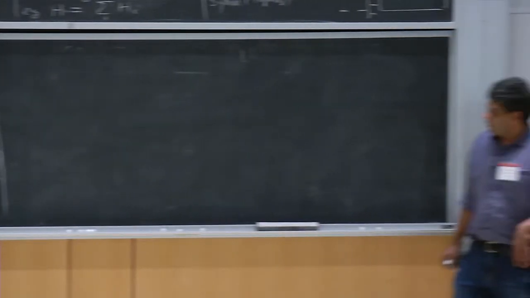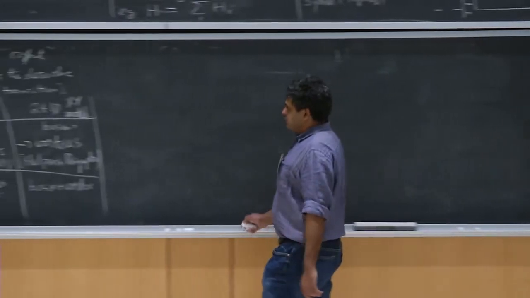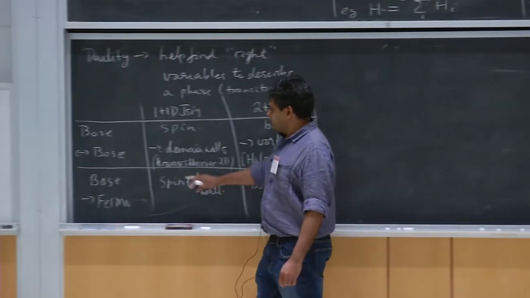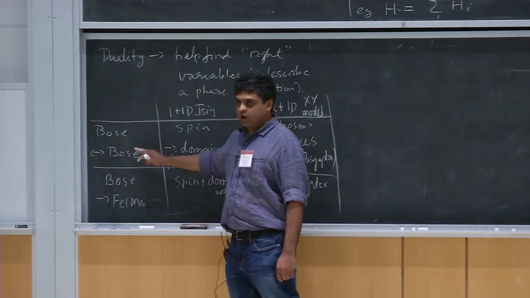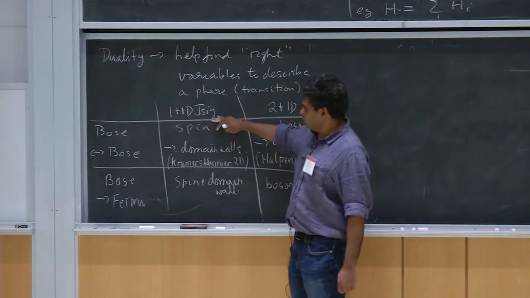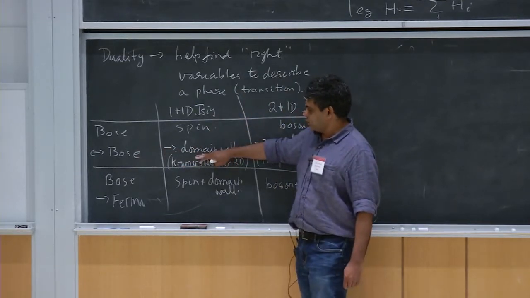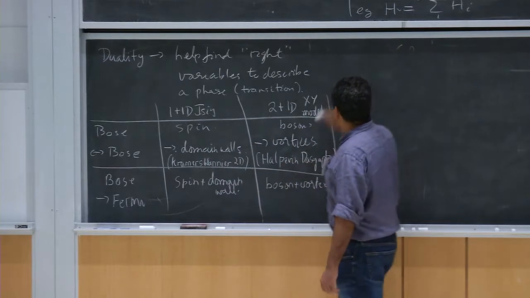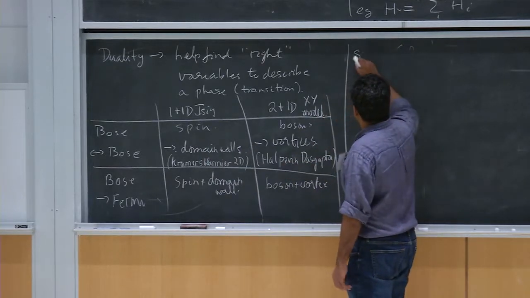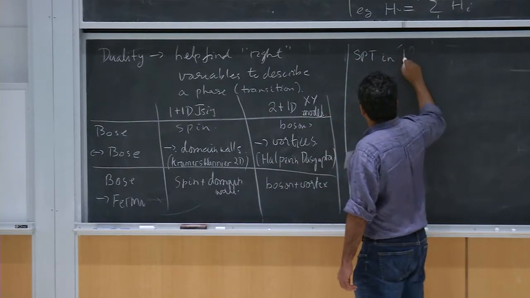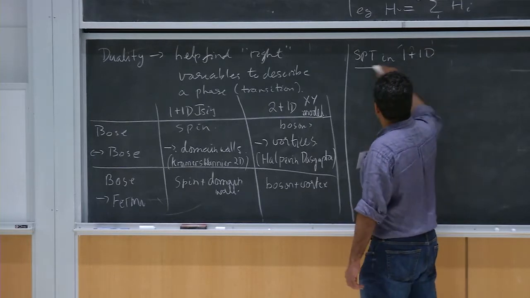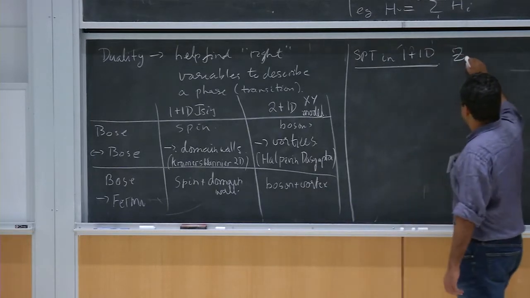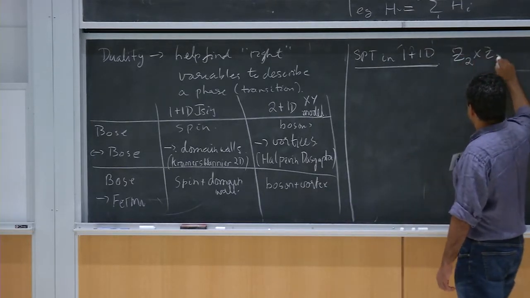And then finally, for SPT phases, we'll see that we can use this. We can take 2 copies of this Ising model in one dimension, and perform the duality on one of them. So one example of an SPT phase in 1+1D is 2 copies of the Ising model. Let's call that Z2 times Z2.